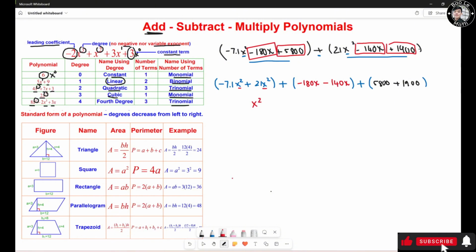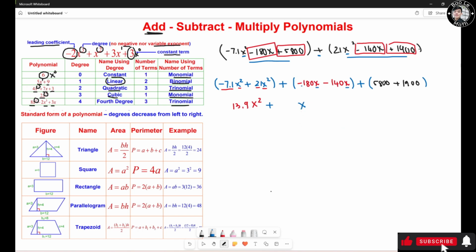You just add the coefficients up, that's it, alright? So you have negative 7.1 plus 21. It's going to be 13.9, plus, now you have s and s right here, they are like terms, so you put s right here, okay?